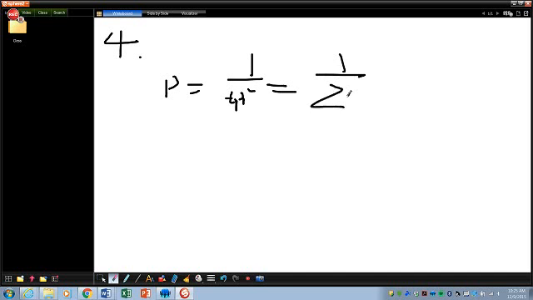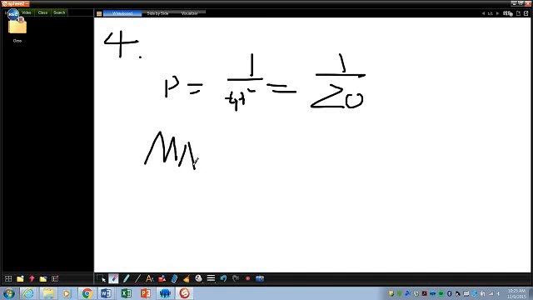Okay, number 4. It says a screw with 20 threads per inch. So 1 over 20, that's your pitch, the threads per inch. It's turned by a screwdriver using a handle diameter of 0.6 inch. So what's the ideal mechanical advantage?